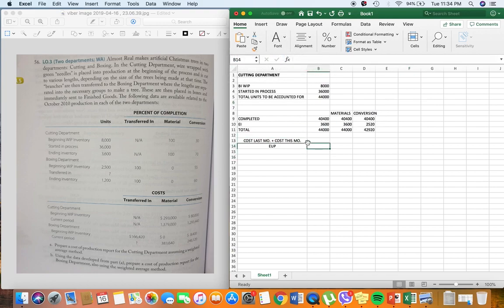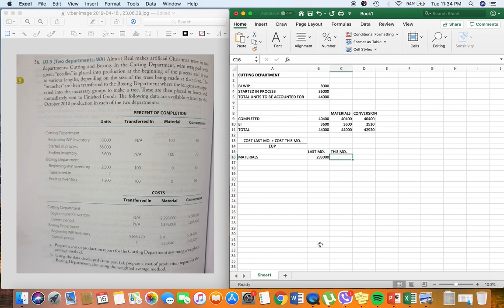So, of course, we have to compute first our cost per EUP for materials. So we need our cost last month and this month's cost. The beginning work in process cost last month for materials is 293,000.